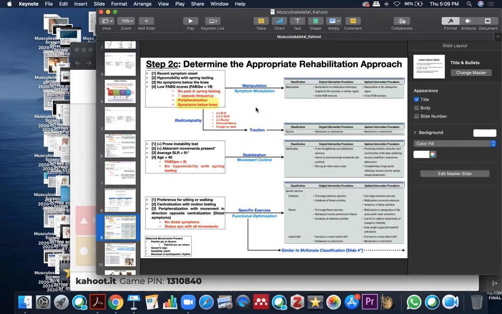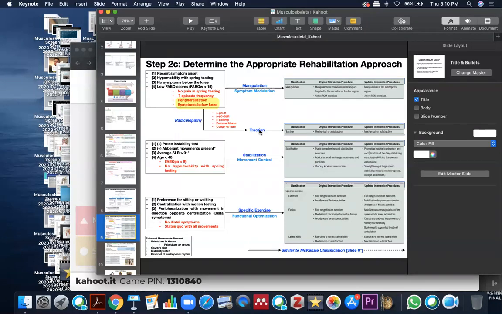He had two answers that could both technically work, traction and slump stretching. He didn't mean to put that question in there because we hadn't really gone over slump stretching much in class. But what I asked him is, how would you choose traction versus slump stretching?